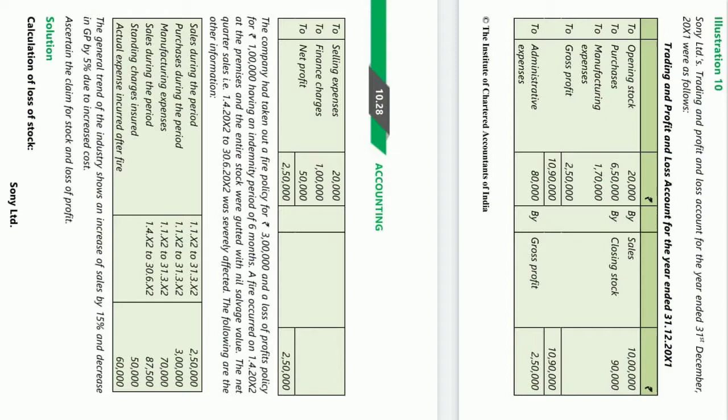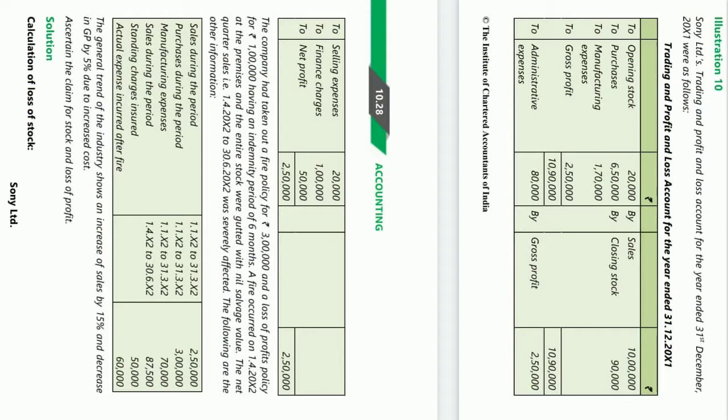So we have to note this point, and then prepare the corresponding sales for the corresponding period, 1/4/2011 to 30/6/2011. While comparing, we have to find out whether there is a short sale. If there is a short sale, how much gross profit we are losing, that loss will also be covered by the insurance company.